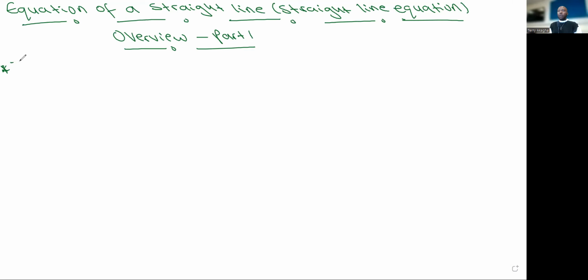So now when we talk about the equation of a straight line, I'm going to write it down, so that some of you that are writing have the notes as well.